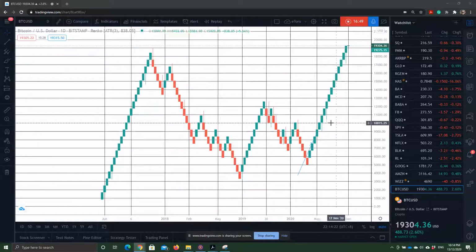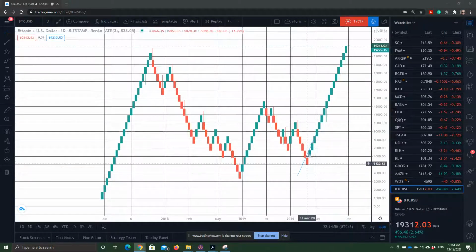The benefit of the Renko chart is that it filters out the noise and helps traders to more clearly see the trend. You can see the trend here from the 12th of March of 2020, and today we are on the 13th of December.